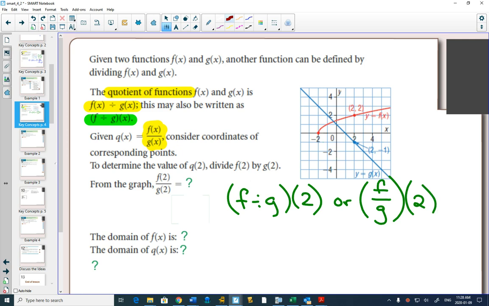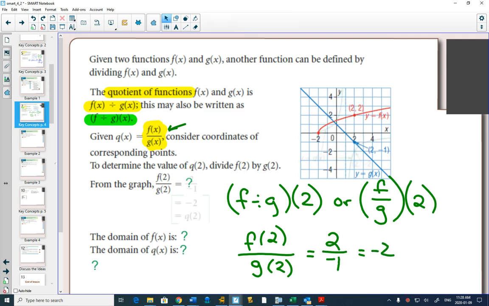I would suggest anytime that you have not nice notation, I prefer this one, change it to f of 2 divided by g of 2, which in this case, you know that f of 2 is 2, g of 2 is negative 1. That simplifies to negative 2, and sure enough, on your green graph, you have 2, negative 2. So just like adding, subtracting, multiplying, when you divide the y-coordinates, your x-coordinate stays the same.